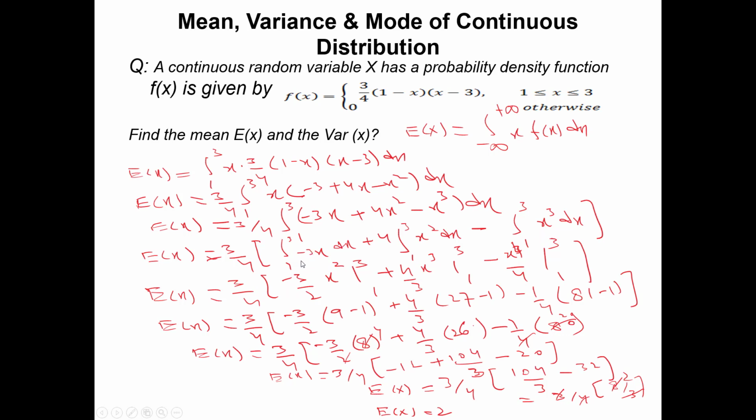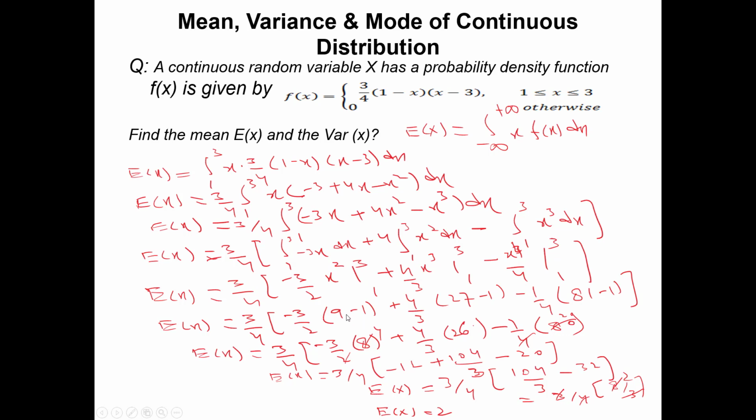Minus 3 comes out, and when you integrate x, it will be x square by 2, with the upper and lower limits. Plus 4 comes out, x cube divided by 3, while you integrate x square, with 1 and 3 as the upper and lower limits. Similarly, x power 4 divided by 4 with the lower and upper limits.